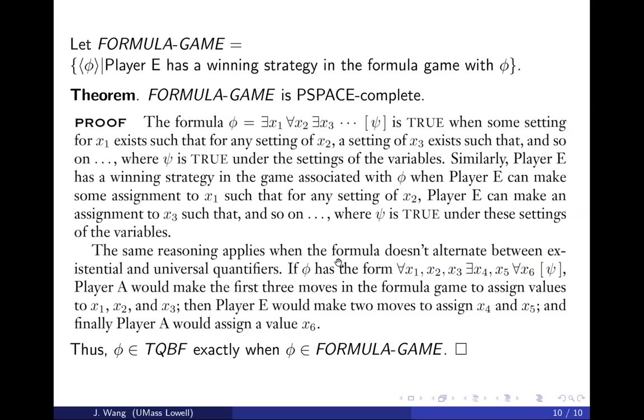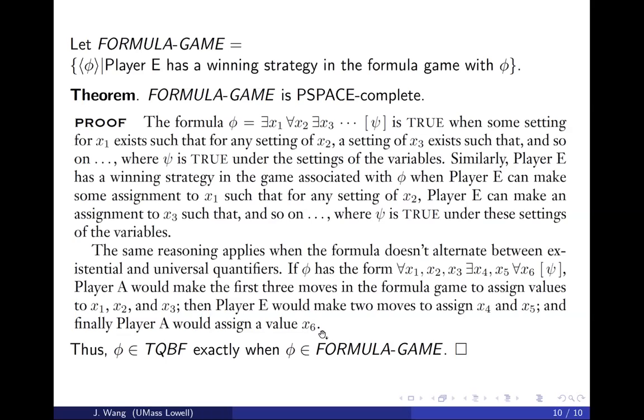So we can see that this is really just TQBF, because we want to evaluate it to be true. The reduction really is quite straightforward. That means that Q is in TQBF exactly when this is in this formula game.